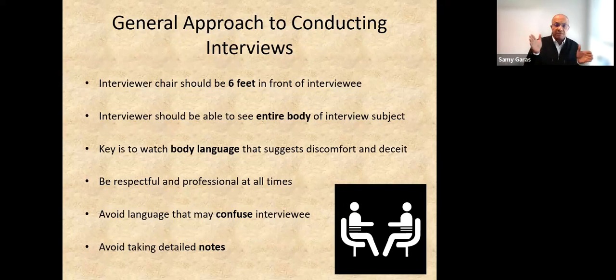They say there should be 6 feet of distance between the interviewer and the interviewee so that the interviewer will be able to see the interviewee and check his entire body. Why? Because body language might give good indicators to the interviewer, either to support the answer or to contradict it.